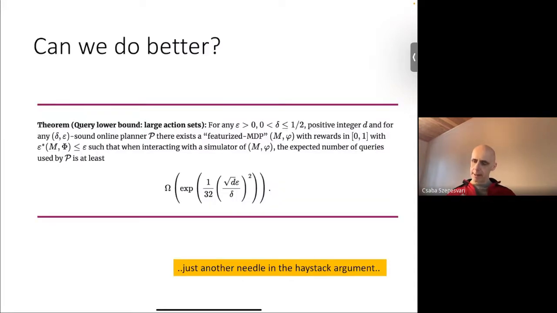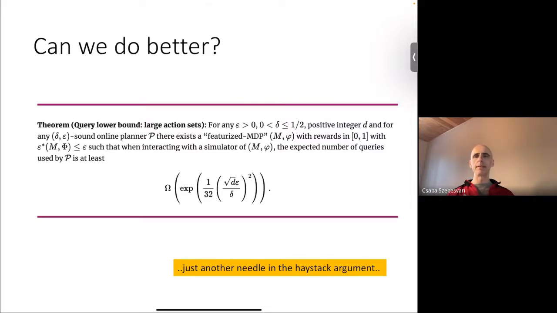All right. So questions, can we do better? This is related to the approximation error.